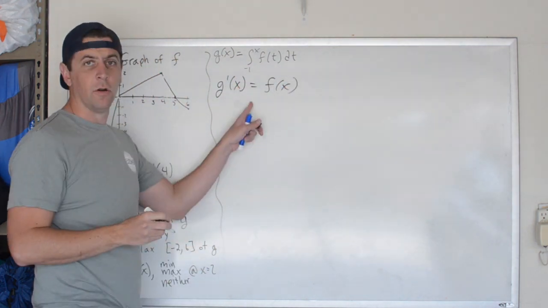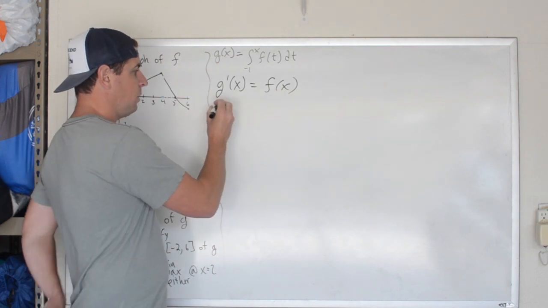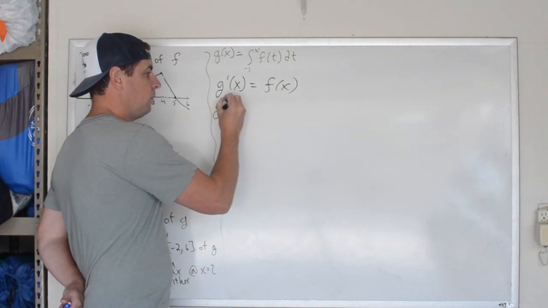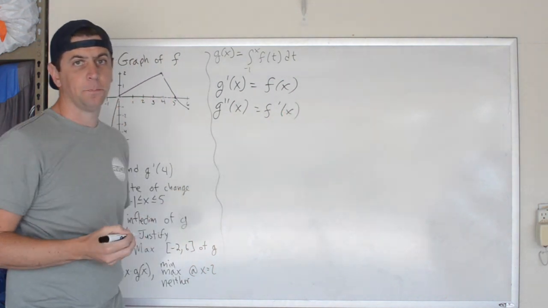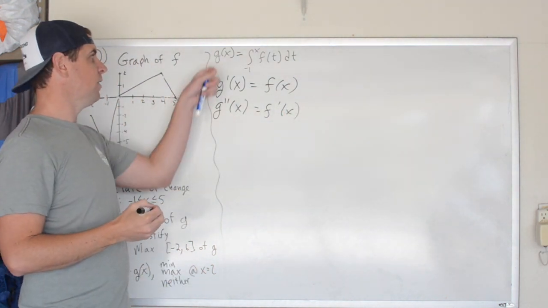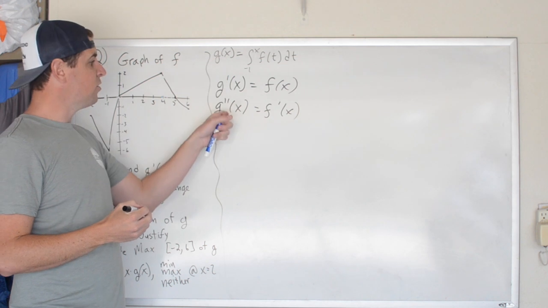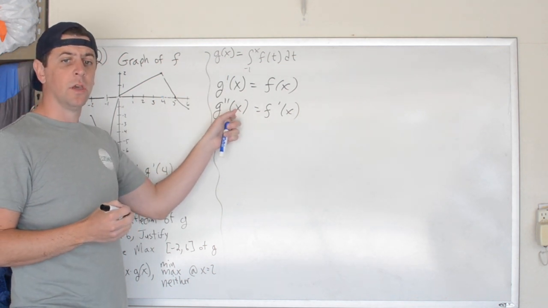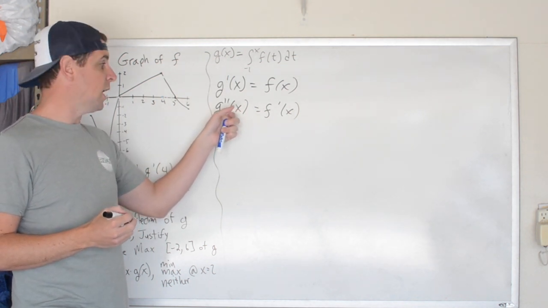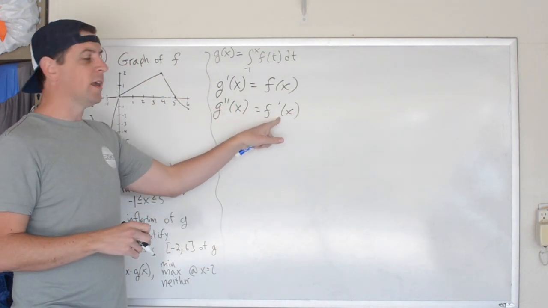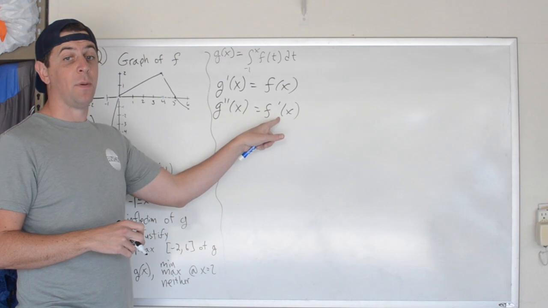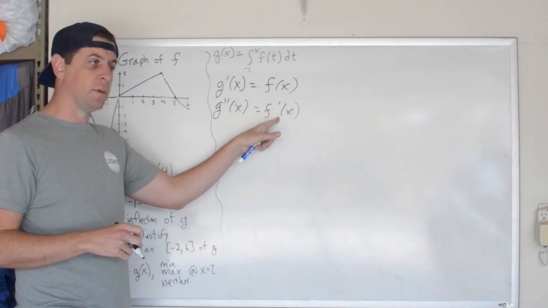And so then g double prime, the second derivative of g, is equal to f prime of x. So if I want to find the inflection point of g, I want to know when this second derivative goes from positive to negative, or from negative to positive. That's the same thing as when f prime goes from positive to negative, or negative to positive.